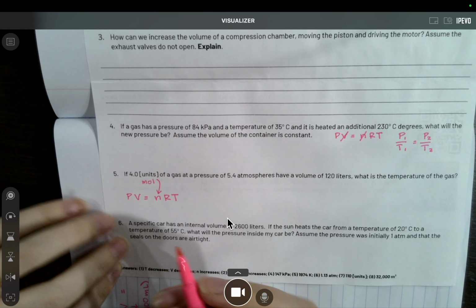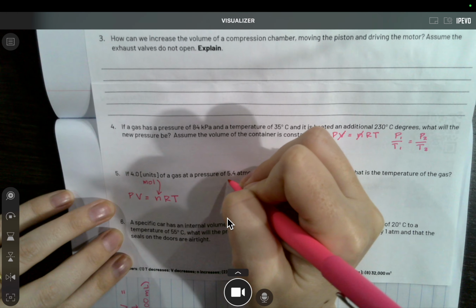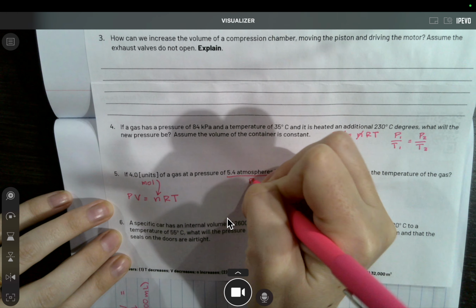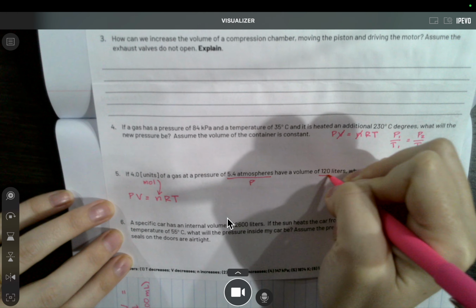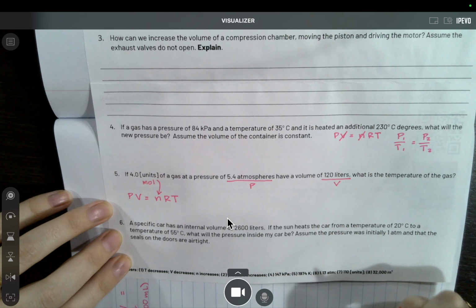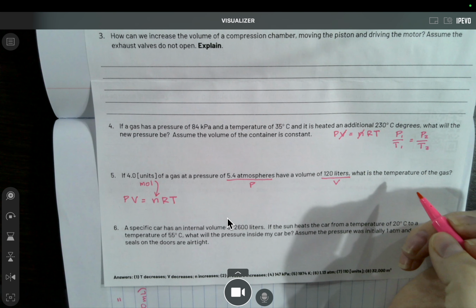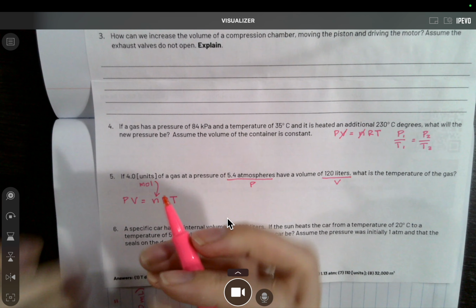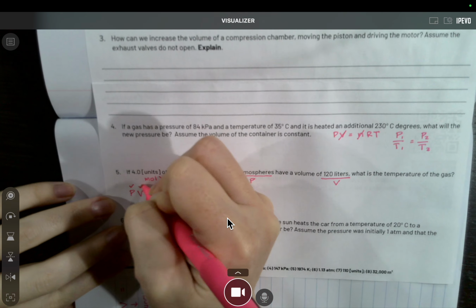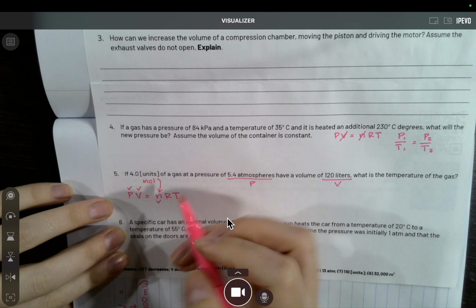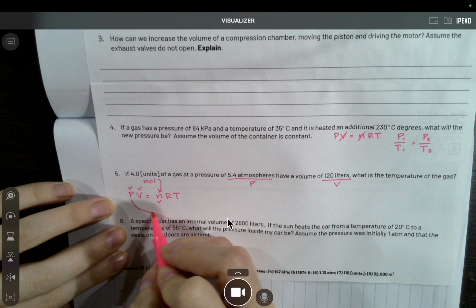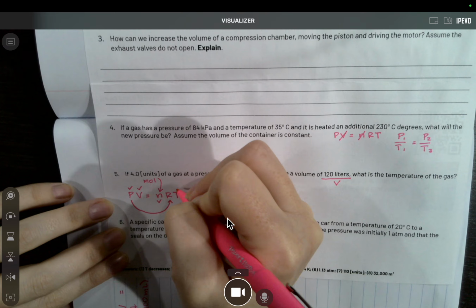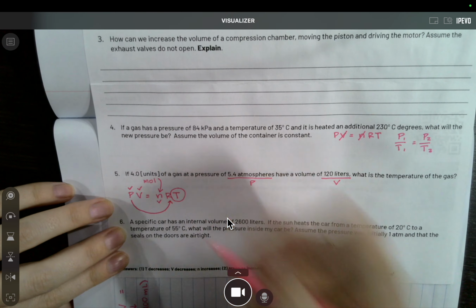We've got a pressure of 5.4 atmospheres, so that's our P. A volume of 120 liters, that's our volume. It wants to know the temperature. Okay, this is doable. It's given us pressure, volume, and moles. The constant we can choose from the pressure. That means we only have one unknown. We're going to be solving for temperature.